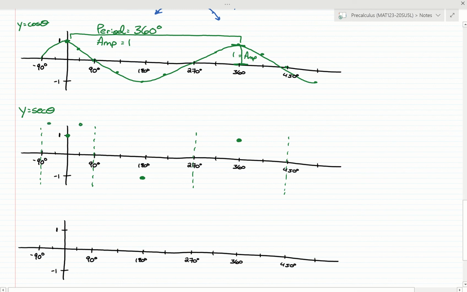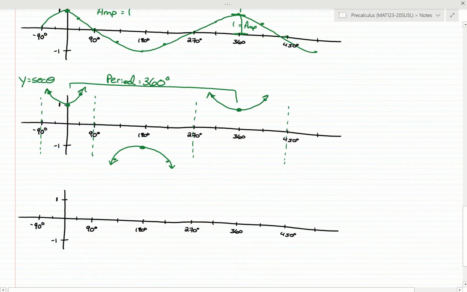We had 1.4s, negative 1.4s. I think you could assume what's going to happen. The graph of secant, also like the graph of cosecant, is alternating parabolas. Now the period for this graph is 360 degrees. There's no amplitude because it's not a wave.